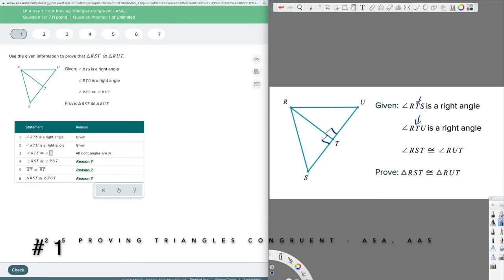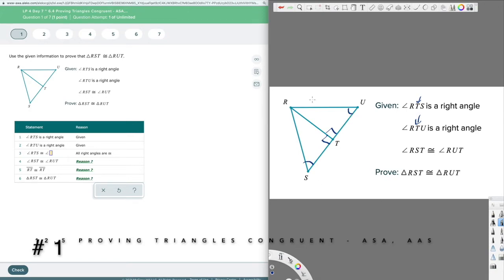All right. So we also are given that RST is congruent to RUT out here. So this is our given information so far. And I'm going to assume that I'm using angle, angle, side, or angle, side, angle.